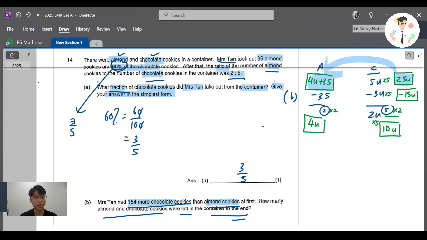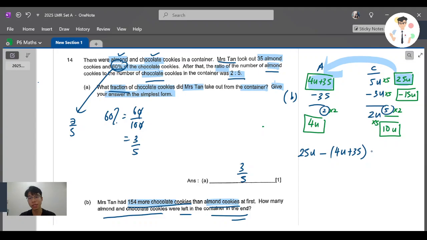So 25 units minus the whole thing here, look carefully, 4 units plus 35, is equivalent to 154. Why? Because 25 units is 154 more than 4 units plus 35.